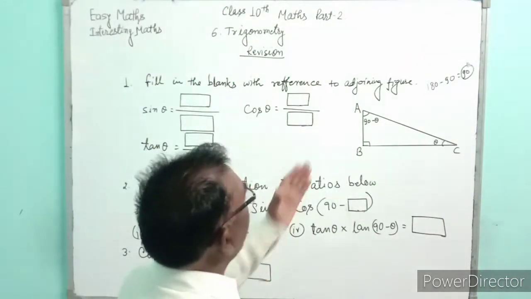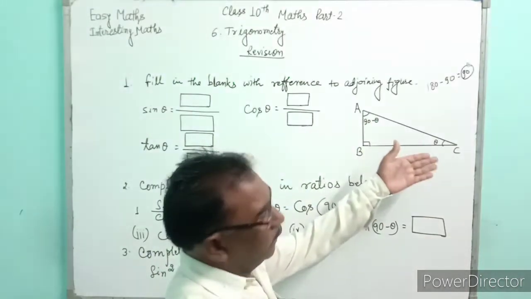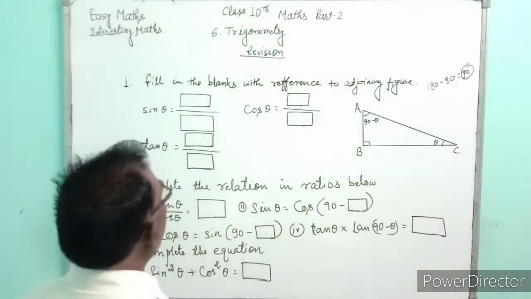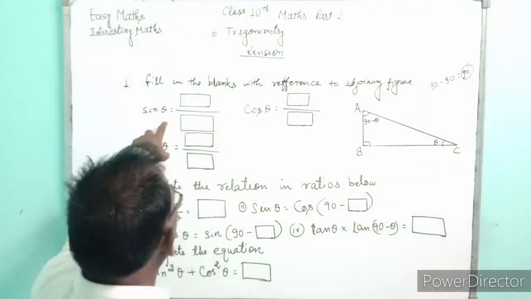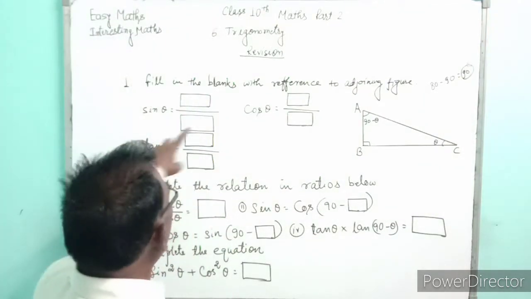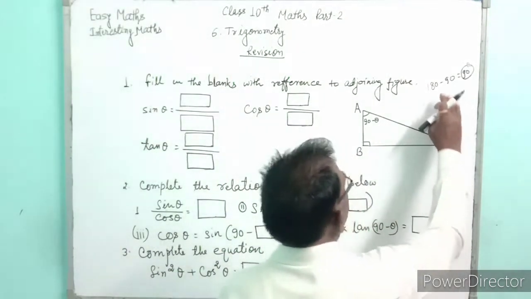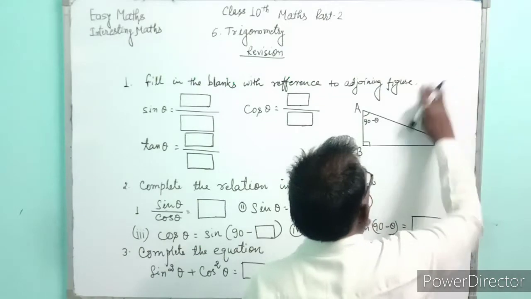Okay, we are referring to this figure and we are finding the following ratios: sin theta, cos theta and tan theta with reference to this triangle ABC.